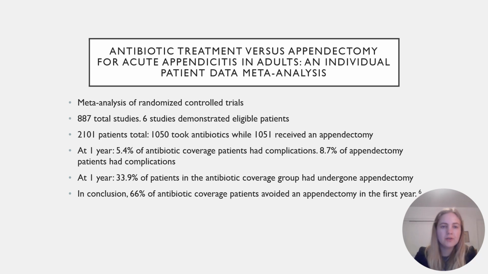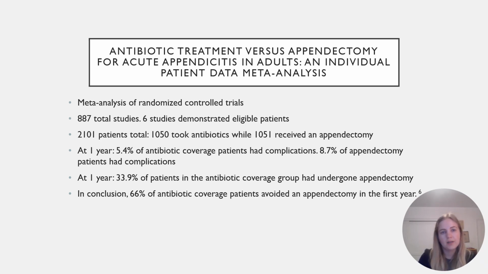This was a meta-analysis of randomized control trials. The article was called Antibiotic Treatment versus Appendectomy for Acute Appendicitis in Adults. In this article, there were about 887 total studies, and 6 studies included eligible patients. In total, there were about 2,101 patients that received an antibiotic or an appendectomy.